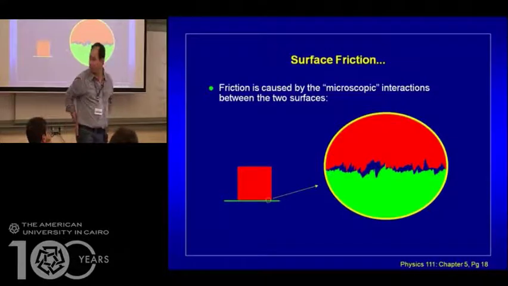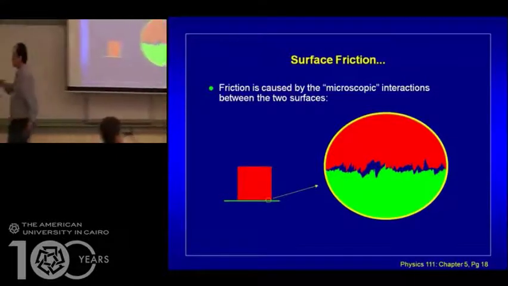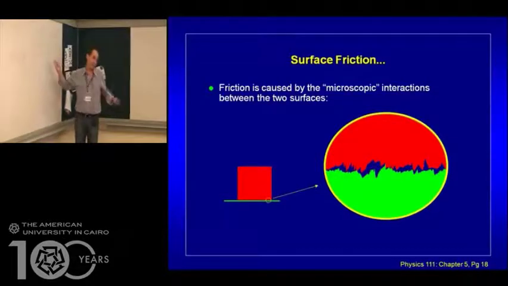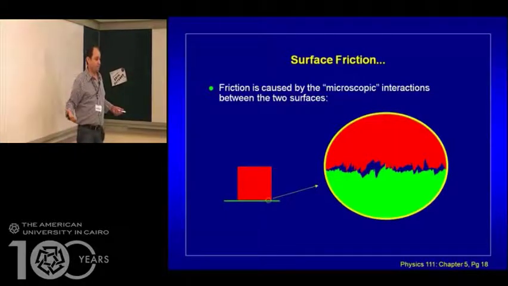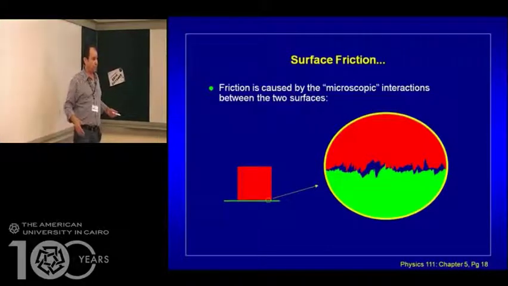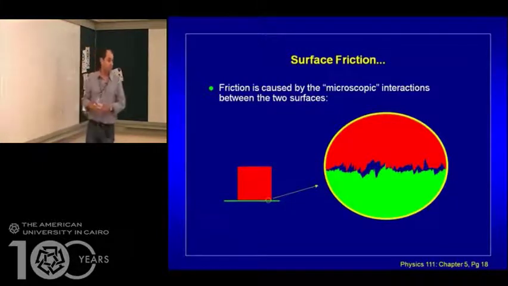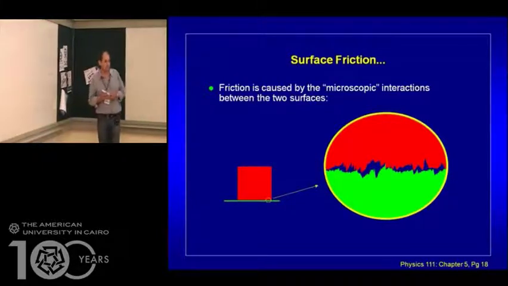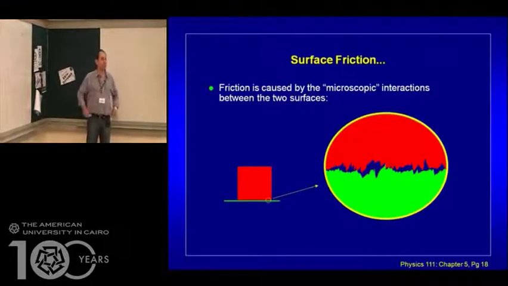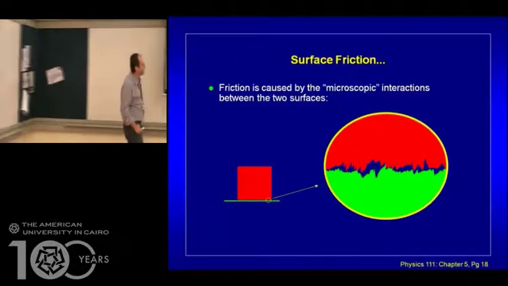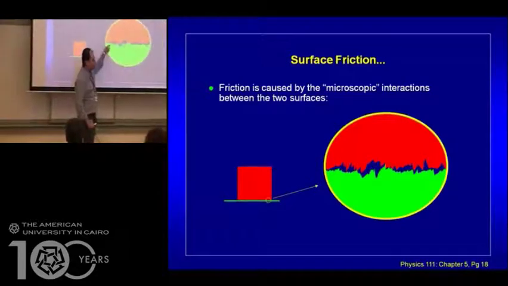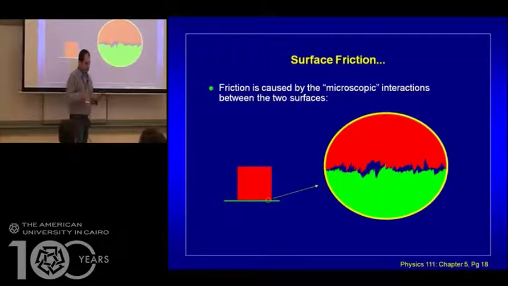No. The coefficient of friction is tabulated, let's say between wood and iron, so it's constant. So how come, constant for these two materials, the coefficient of static friction is more than kinetic? Because if you look again at the microscopic picture, that's what happens.